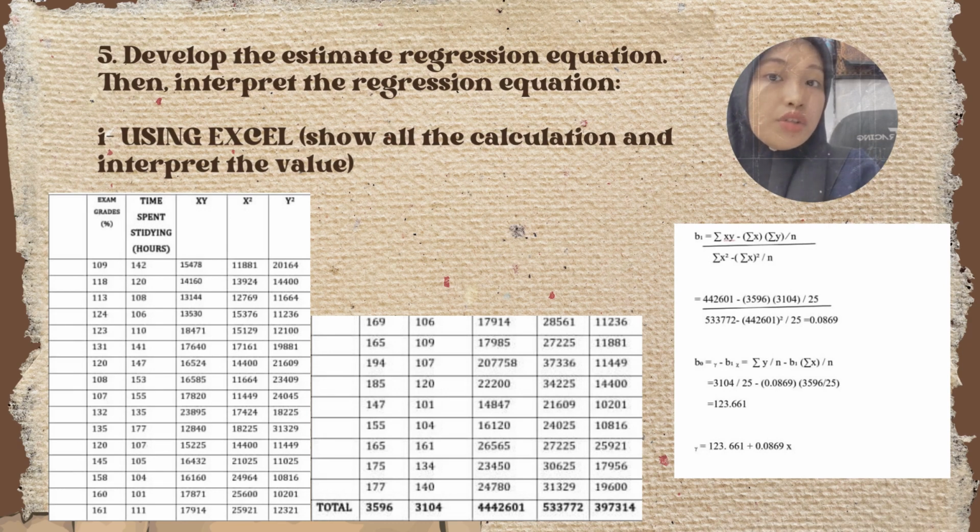So the answer is 0.0869. Meanwhile, the answer of b0 is 123.661, and we find Y equals 123.661 plus 0.0869.